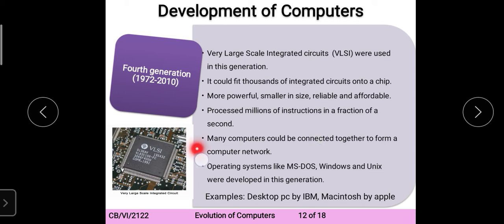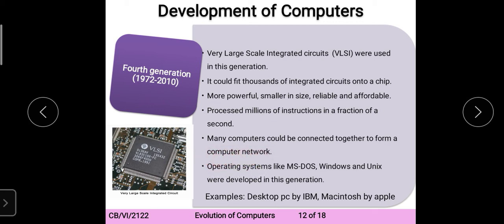Many computers could be connected together to form a computer network. Like in our computer lab, you can see that we have lots of computers, and all the computers are connected with each other. That is called a computer network.